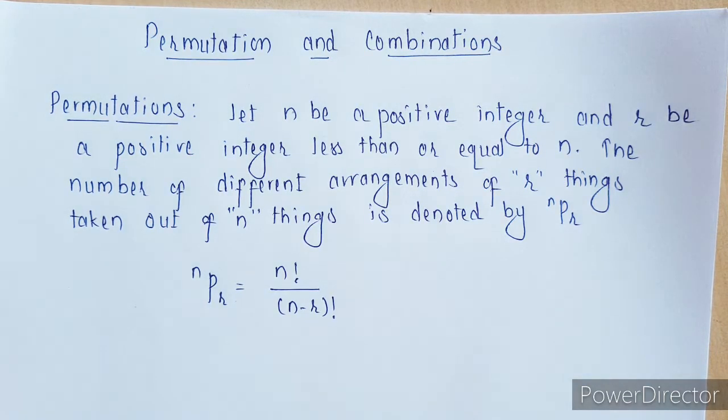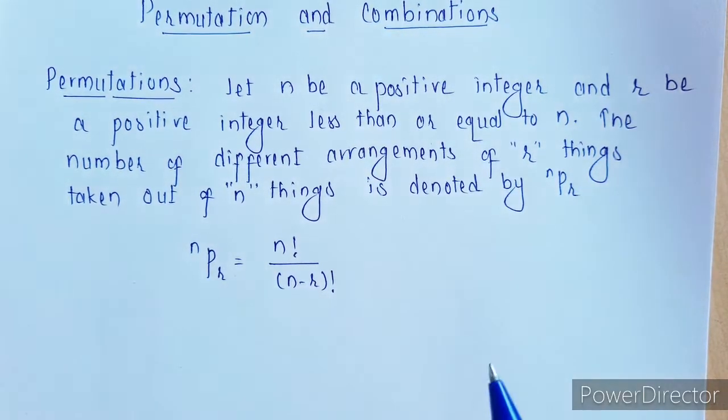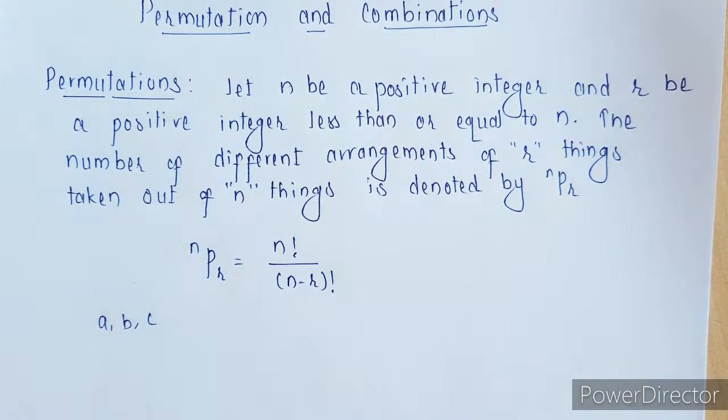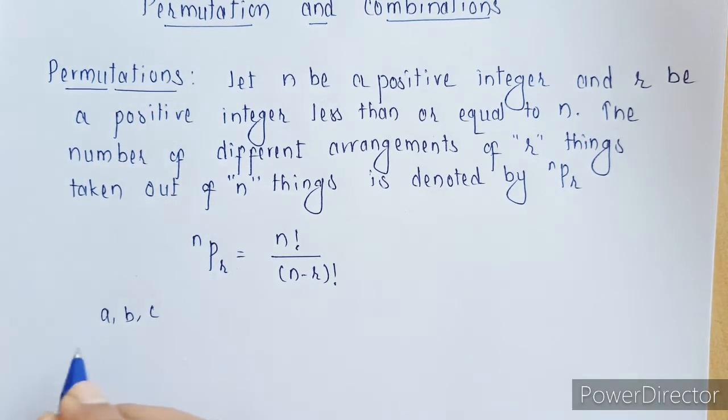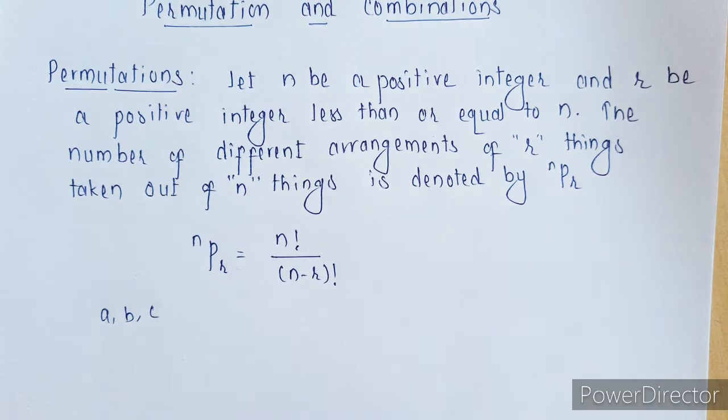But before studying factorials or before going actually into permutations, check out how many different ways we can arrange the things. Now suppose I have three alphabets, A, B and C. So let's check out how many different ways we can write these. Suppose out of these three things I have to arrange two things.